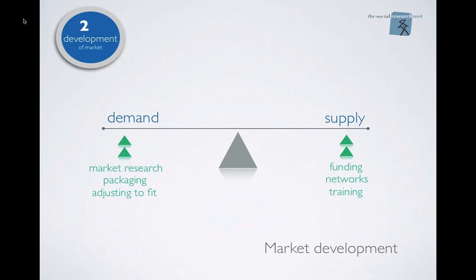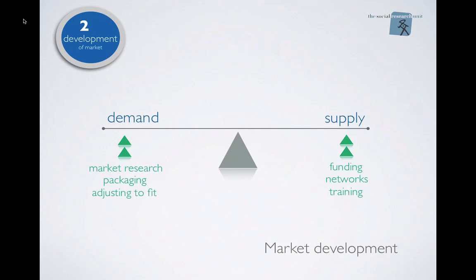For example, when public service markets are opened up to private and voluntary suppliers, they can have difficulties accessing those markets, particularly where the public sector is the major or only supplier. So there can be a perceived lack of a level playing field and a perception of bias towards public sector supply.